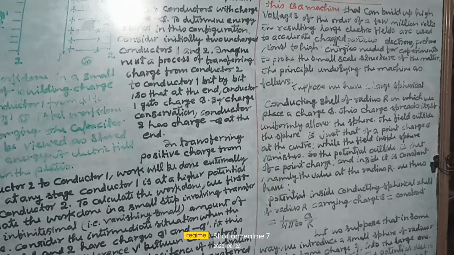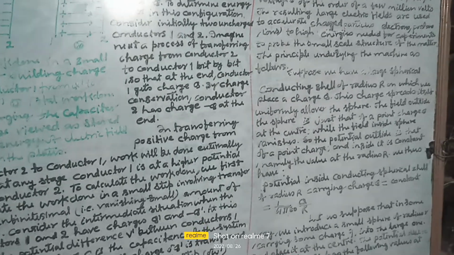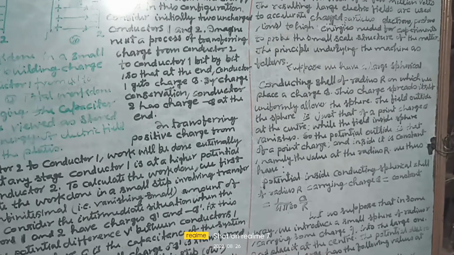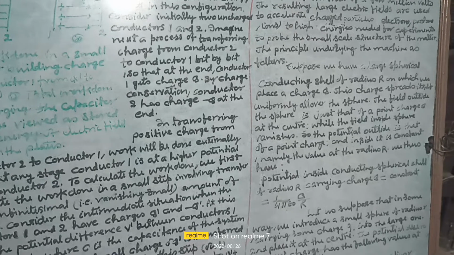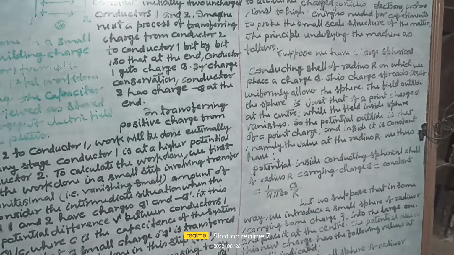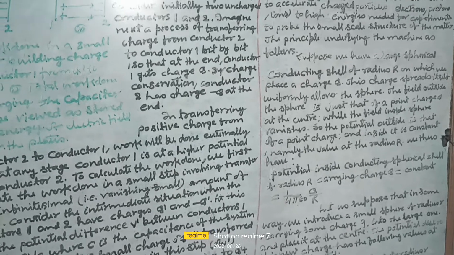Imagine a process of transferring charge from conductor 2 to conductor 1 bit by bit, so that at the end conductor 1 gets charge Q. By charge conservation, conductor 2 has charge minus Q at the end.